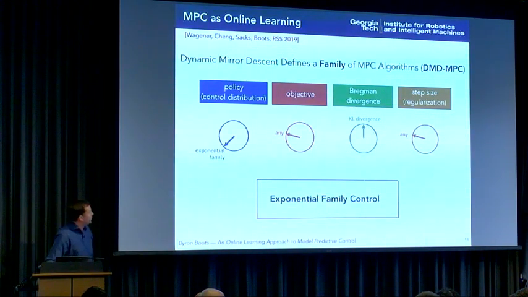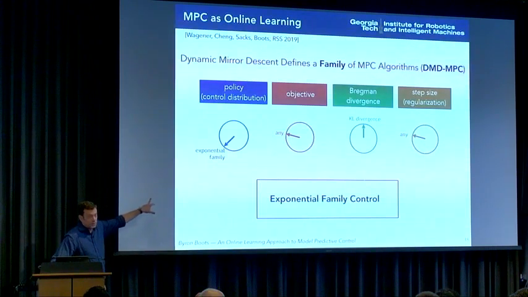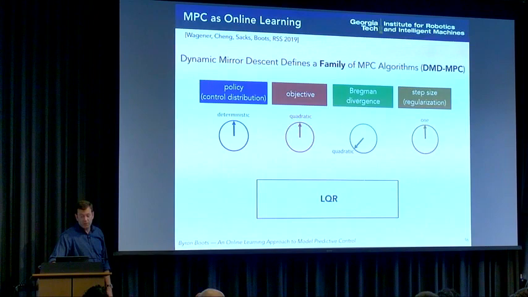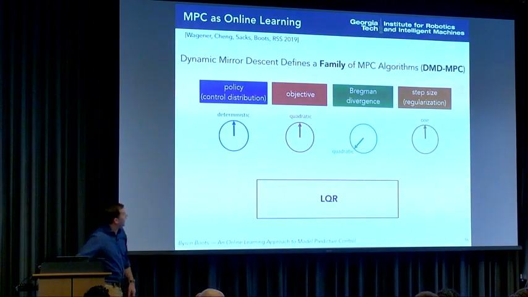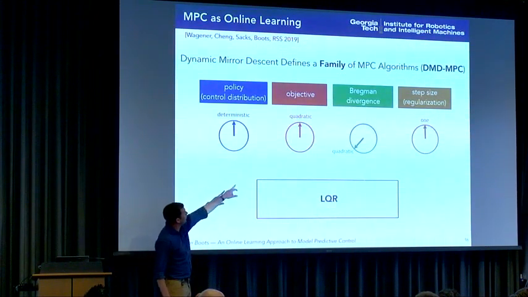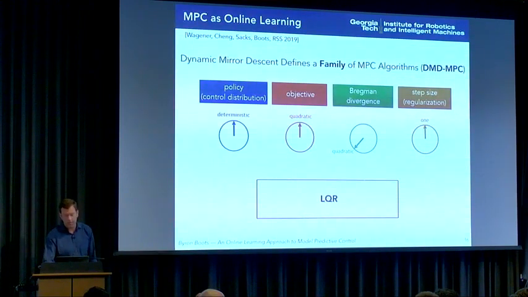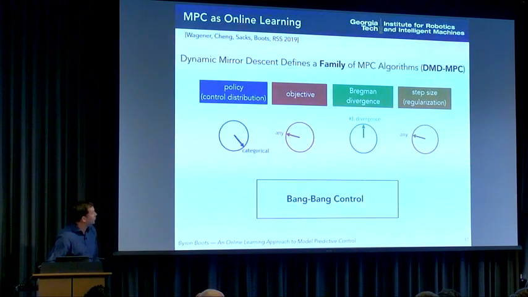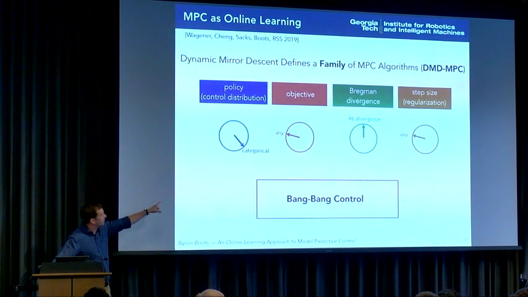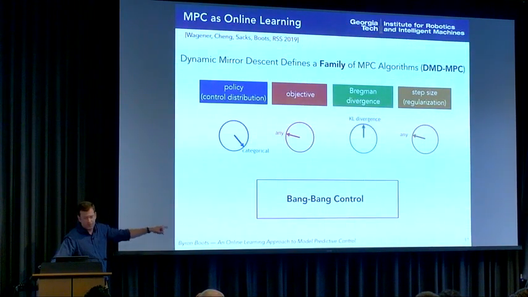You can have an exponential family control, where you're using an exponential family distribution of open loop action sequences. You can get LQR by using a deterministic distribution, a quadratic objective, a quadratic Bregman divergence, and a step size of 1. You can get bang-bang control by using a discrete categorical distribution and a KL divergence.